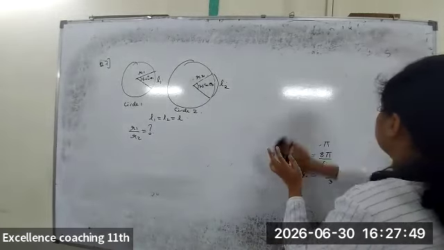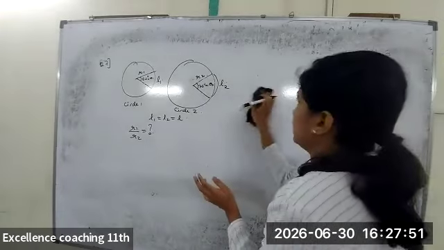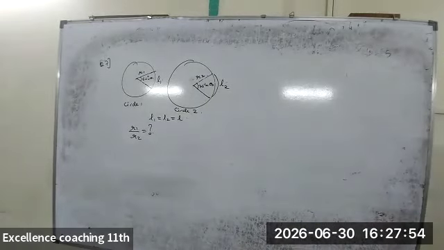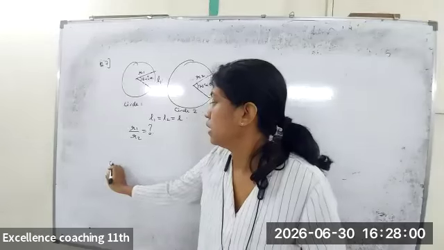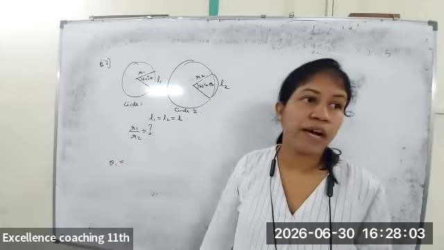Now what is happening? The angle given is in terms of degrees. So first find theta 1 in terms of pi.